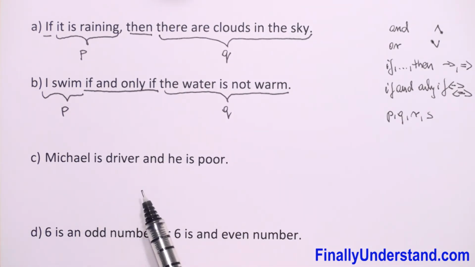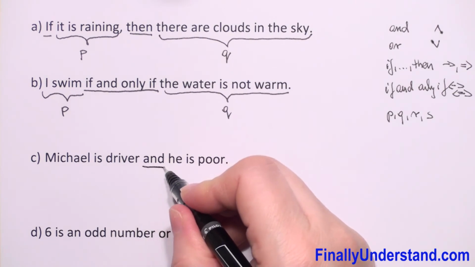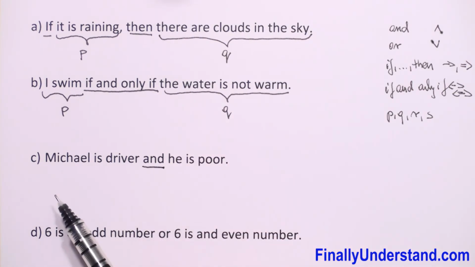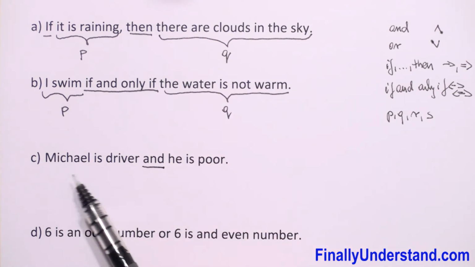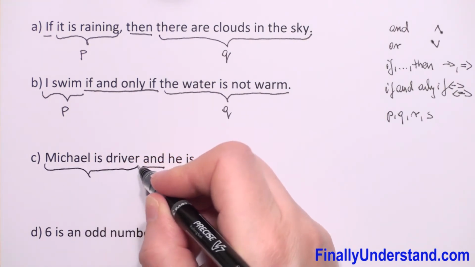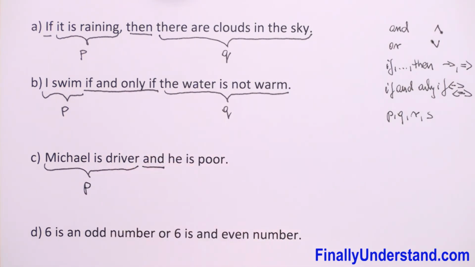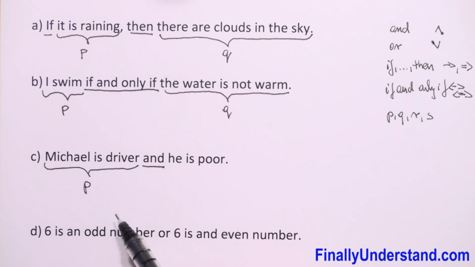Michael is a driver and he is poor. We have the connecting word and. The first sentence, Michael is a driver, is a statement because we can say it's true or not. So this is our first simple statement. I can write this is our P. And we can always say that it is true or not if we know Michael, of course.